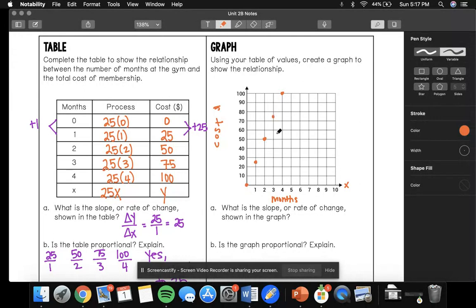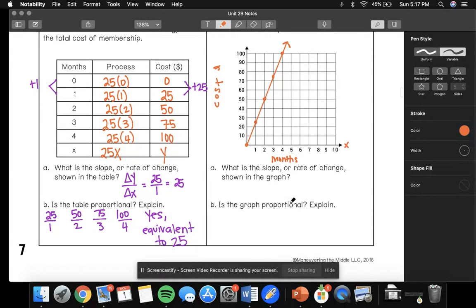Okay, so those are our 5 data points. And because it would continue on, we don't know if Hillary's going to go to the gym for 4 months or 12 months, we will put a straight line and then we will put an arrow at the end to say that it will continue on. The reason we won't put an arrow down here is because we can't go back in time and have negative months.